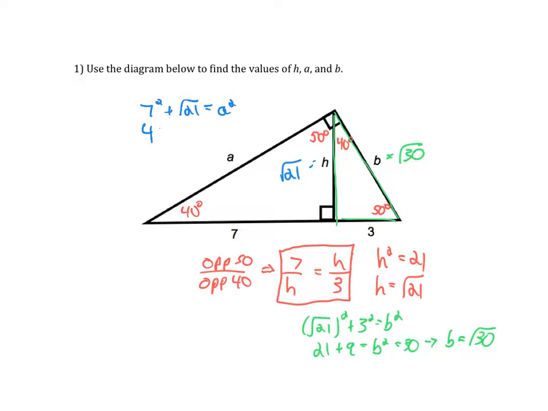So we get 49 plus 21 equals a squared, or a squared equals 70, so a equals root 70. I don't think we can simplify that. Okay? So again, the key to these problems: set up those example angles.